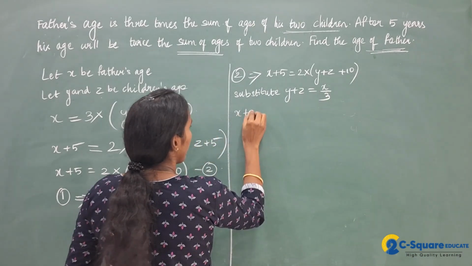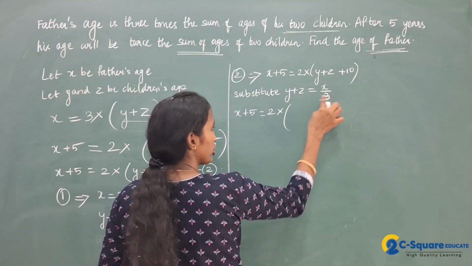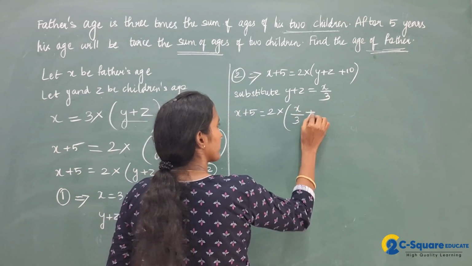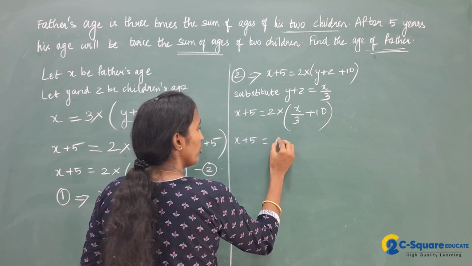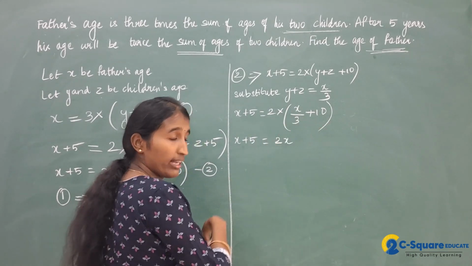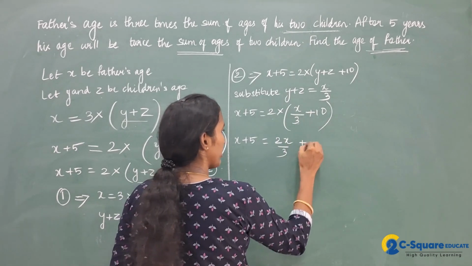After substituting, what will you get? In the place of Y plus Z, I am going to substitute X by 3. So X plus 5 equals 2 into X by 3 plus 10. I am removing the brackets. 2 into X by 3 is 2X by 3. 2 into 10 is 20.